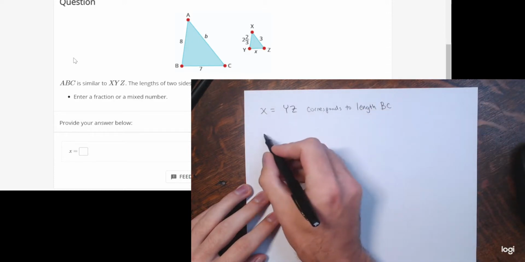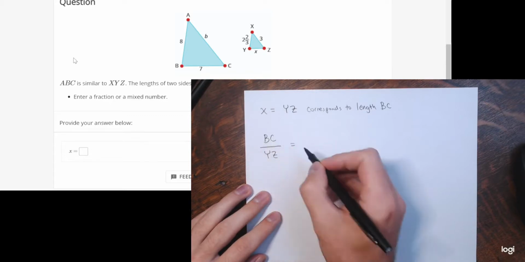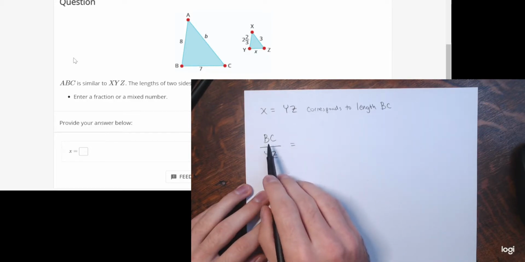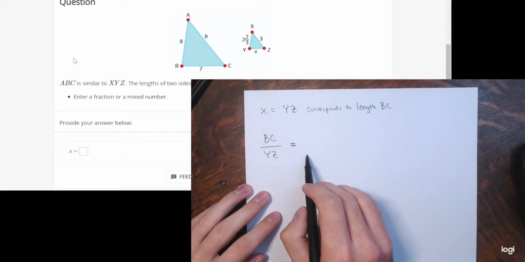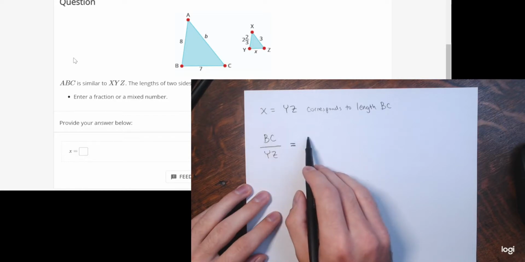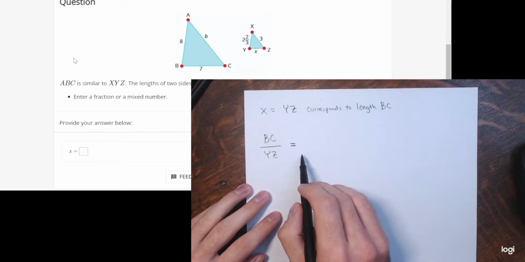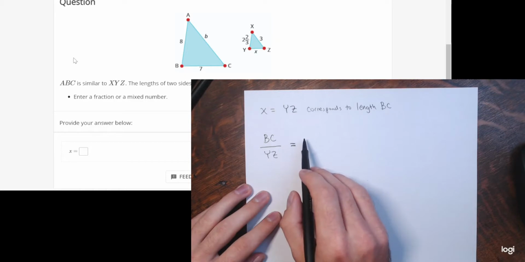So I'm going to set up this proportion here. I'm going to have BC to YZ or YZ to BC equals, there's a ratio of corresponding sides, equals, and then I'm going to set up another fraction over here so that the numerator is from triangle ABC, the denominator is from triangle XYZ, and I want to set it up so that the only unknown is this X. Well, I can't use AC because AC has length little b.